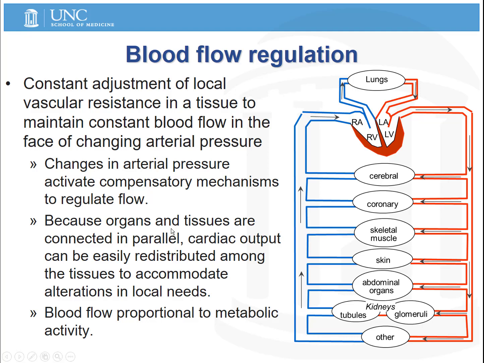So it's the parallel arrangement of organs and tissues that allows this regulation of blood flow and the ability for redistribution of blood flow based on local needs. Blood flow can be regulated so that it's flowing through the tissue bed at an appropriate level for the metabolic activity and the metabolic demand of that tissue.